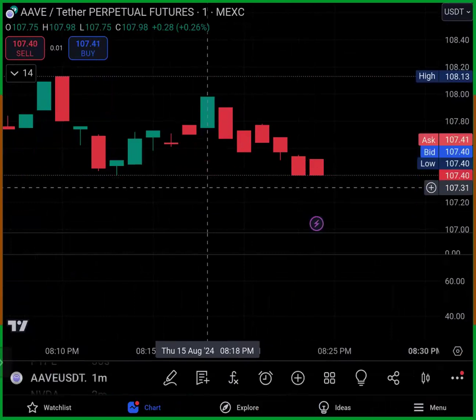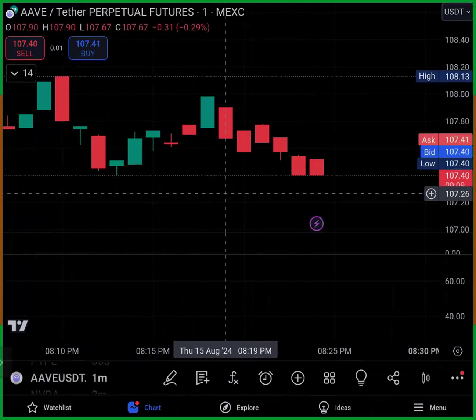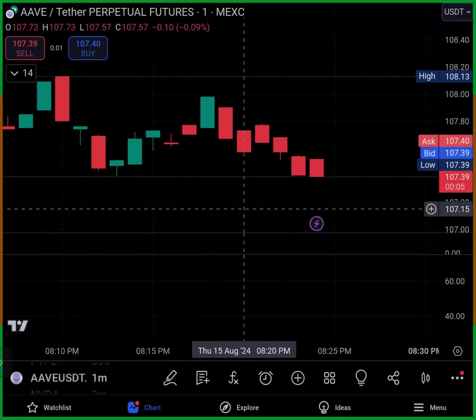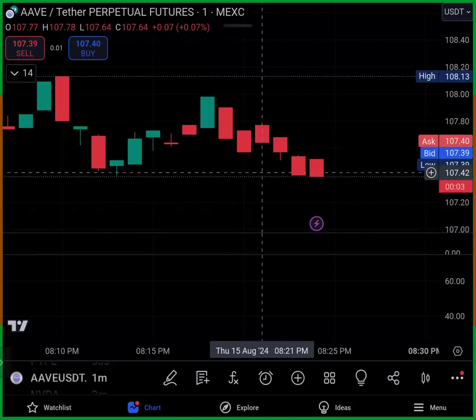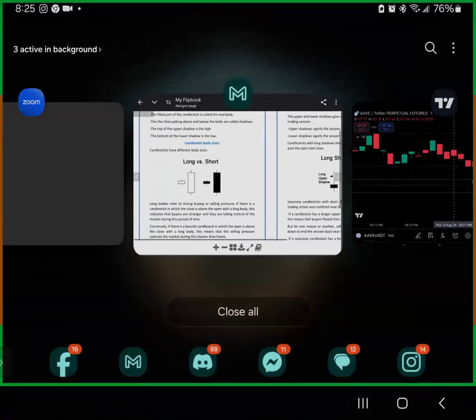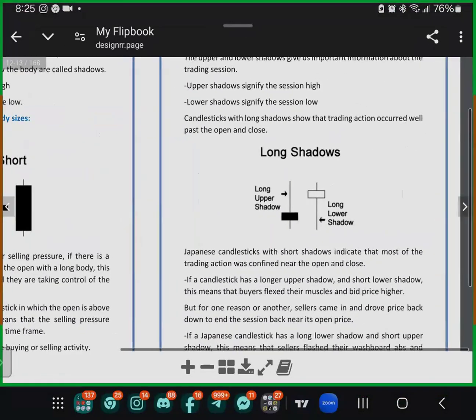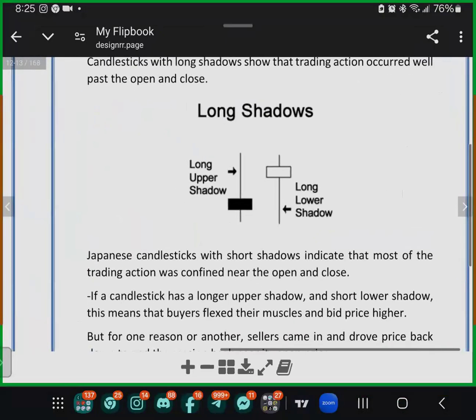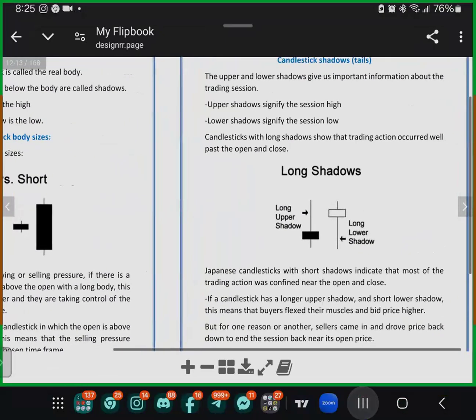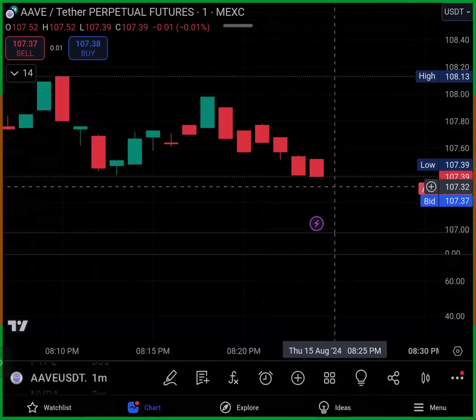When you hear someone say they're going short, that means that they're betting that it's going down. All right. Let's go ahead and look for these long shadows right here, which you all have already seen some of, these tails.